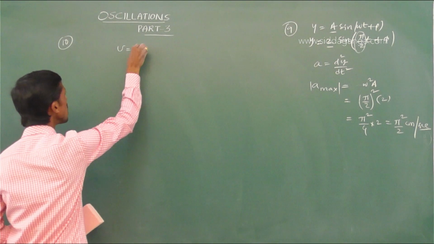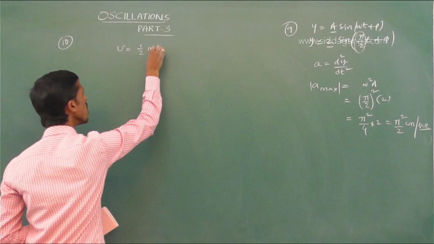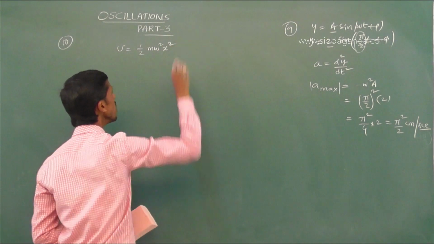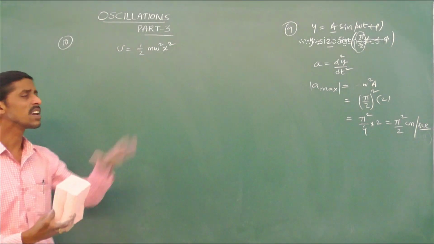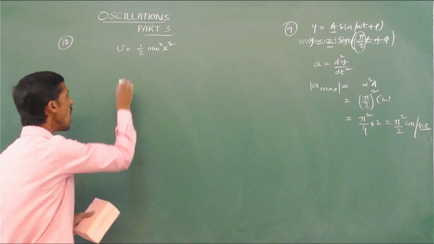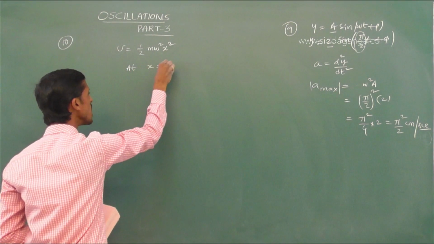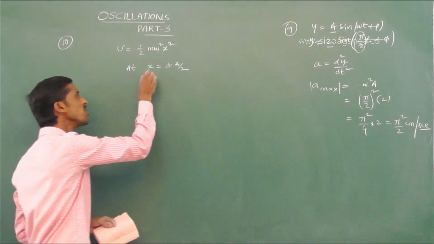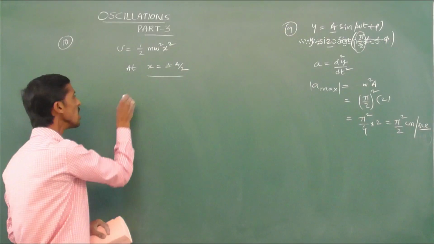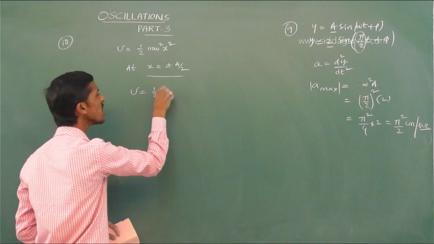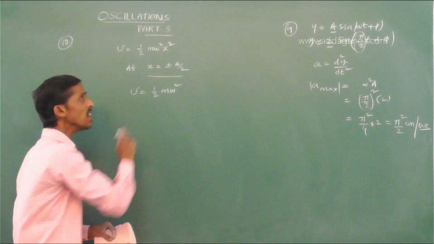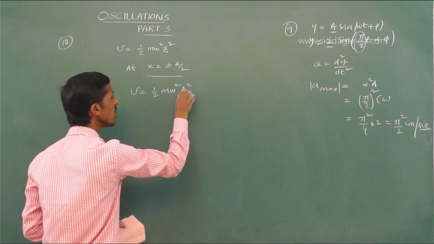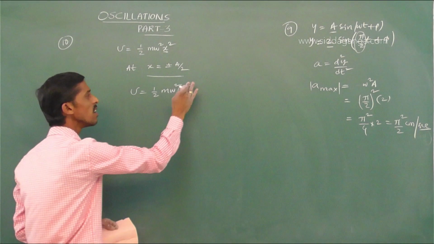In the previous class, we have seen potential energy is equal to half m omega square x square, the general equation. At a displacement x is equal to plus or minus a by 2, the potential energy is equal to half m omega square into a by 2 whole square, so a square by 4.